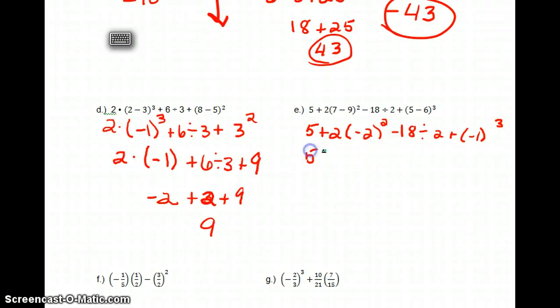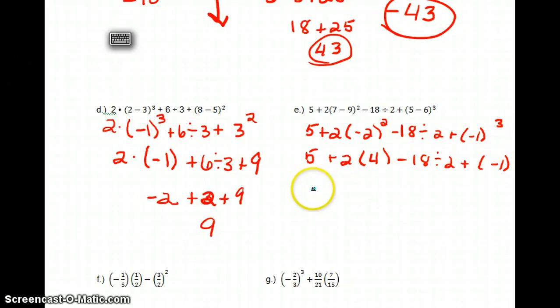So we have 5 plus 2, negative 2 squared is 4, minus 18 divided by 2 plus negative 1. We evaluated that exponent. Now we are going to multiply and divide from left to right.